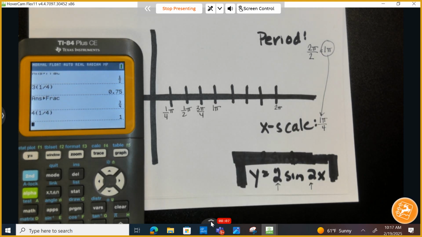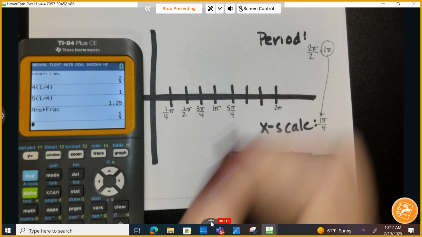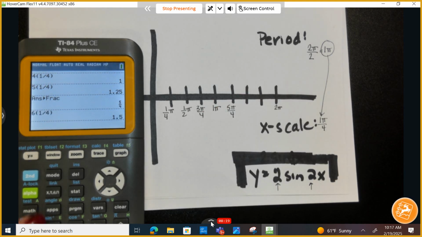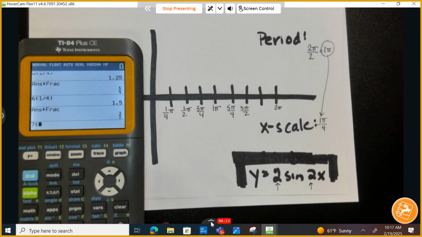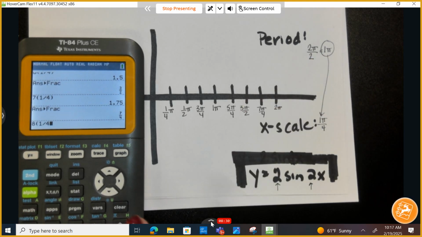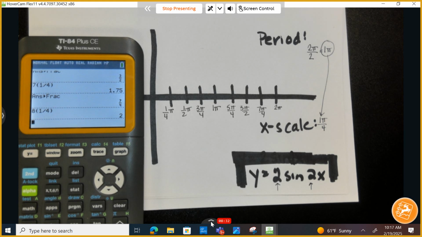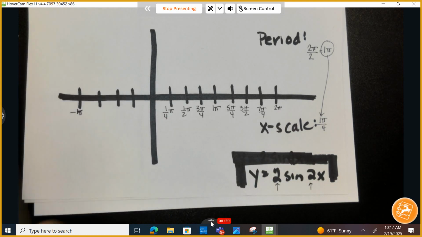I would like you to quickly do step 5, 6, 7, and 8. Go ahead. Now, once you've figured out 2 cycles to the right, we get to be lazy.